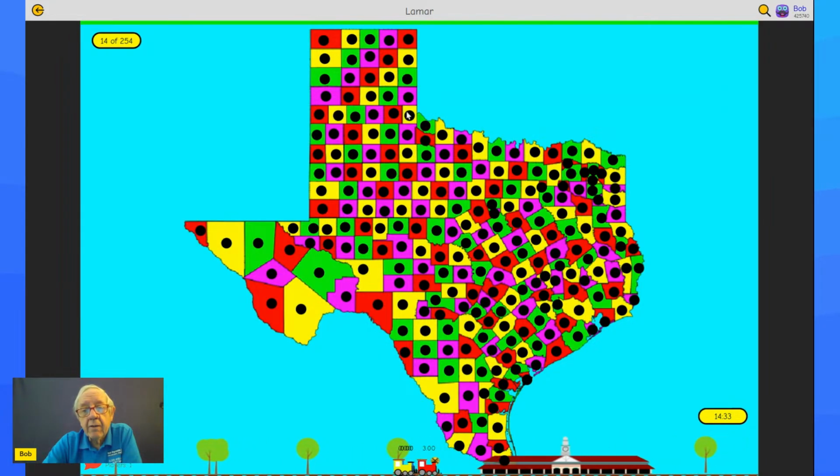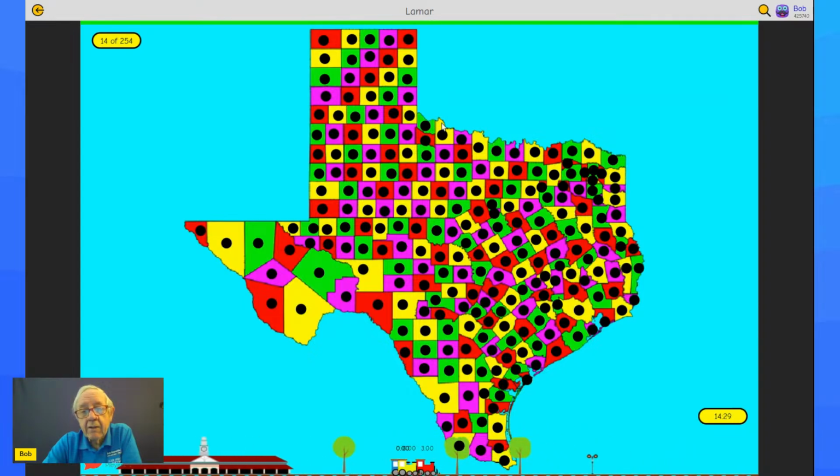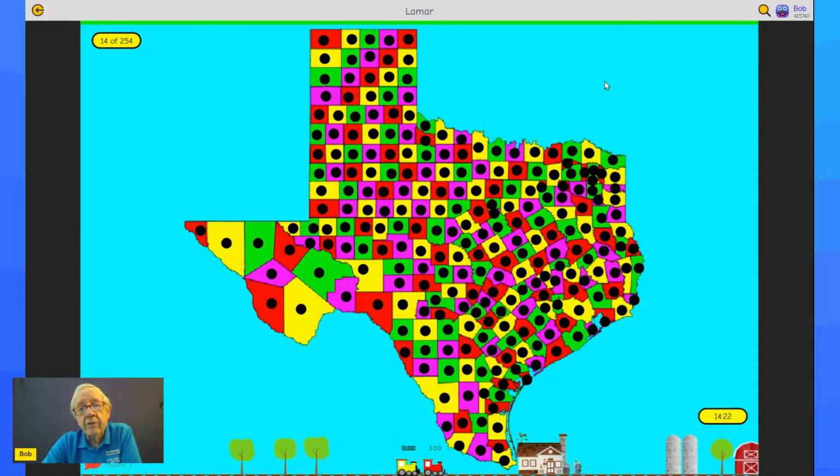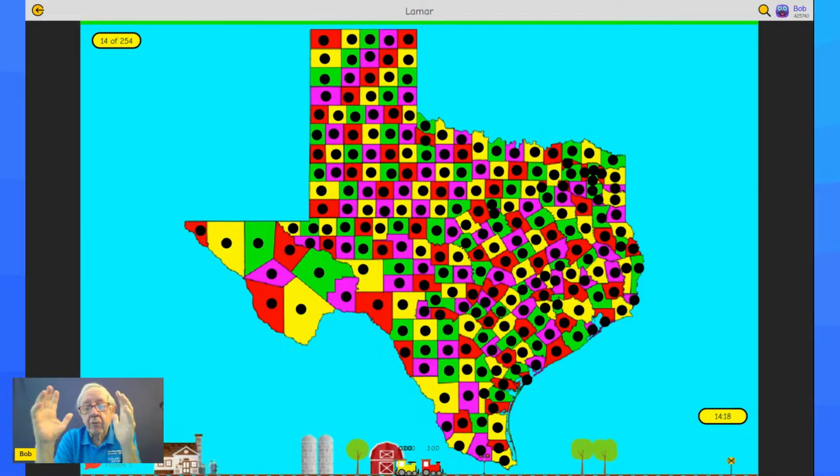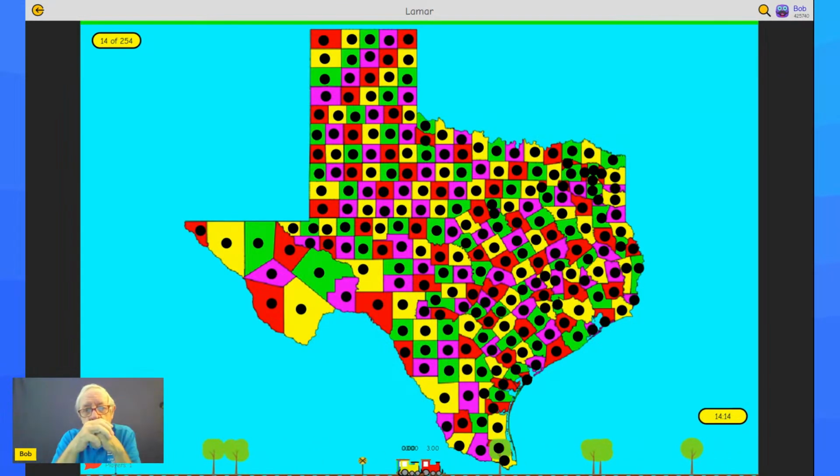Here's the other thing. This is all the shapes of these counties, the top of these counties. That is all shaped by the Red River. Above the Red River is Oklahoma. And they used to have something called the Red River Rivalry between the football teams.